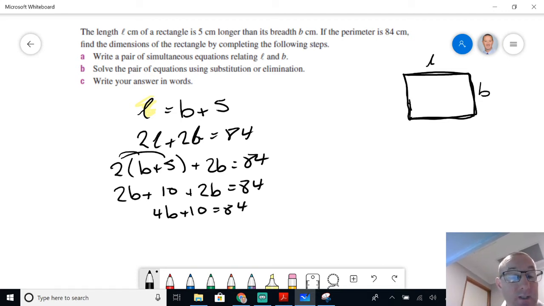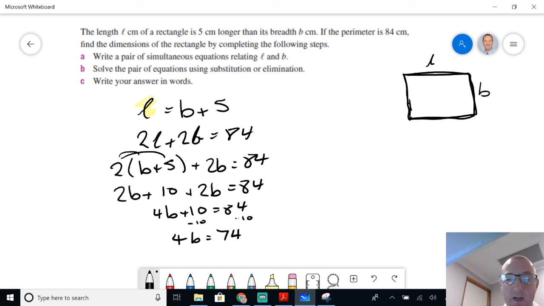If I subtract 10 from both sides, then I'm going to end up with minus 10 on this side and minus 10 on that side. I'm going to end up with 4B being equal to 74. I can then do some division. By dividing both sides by 4, I'm going to end up with 74 over 4.